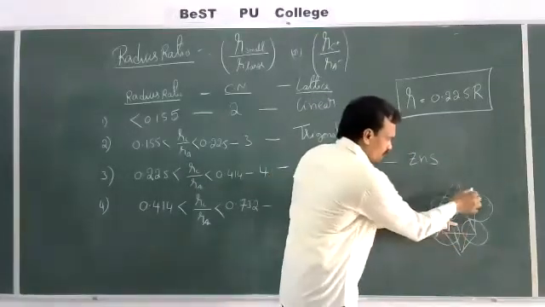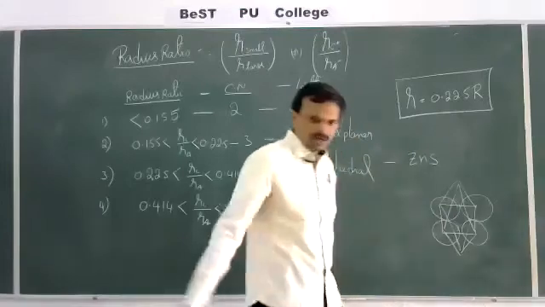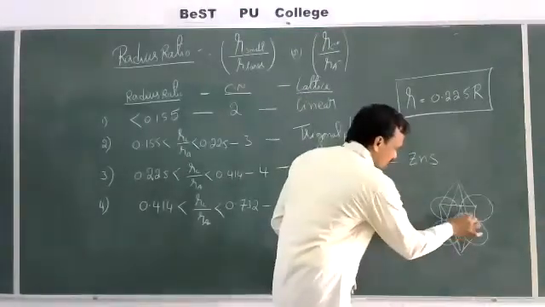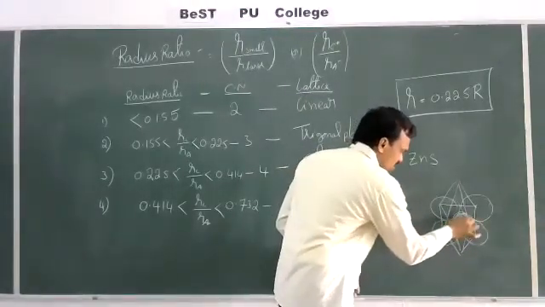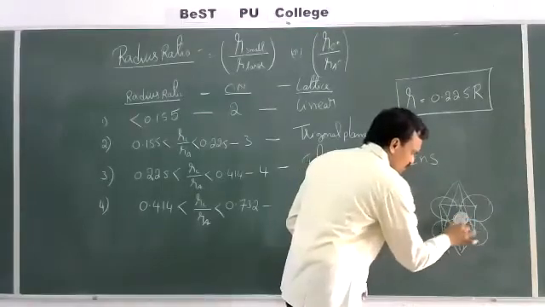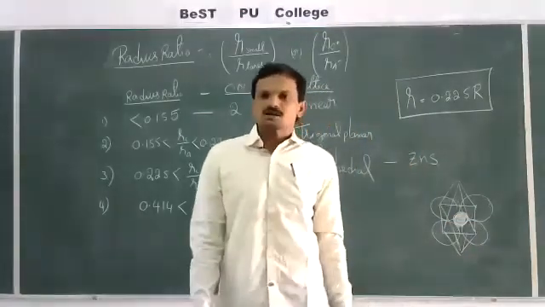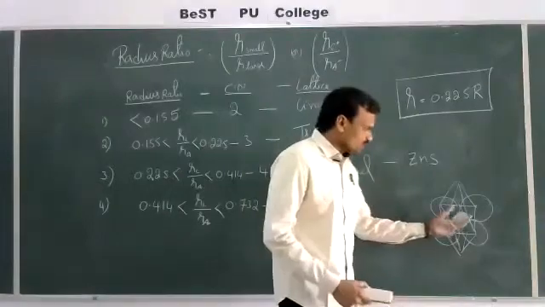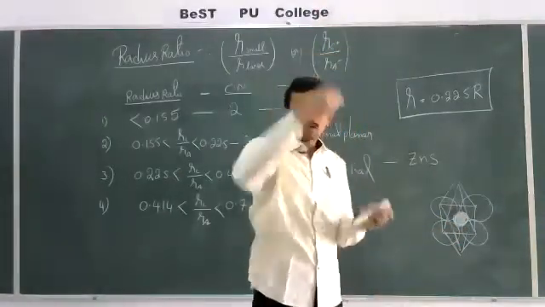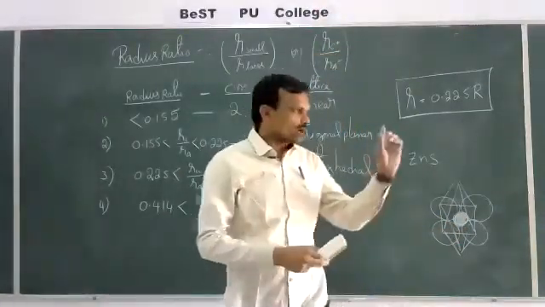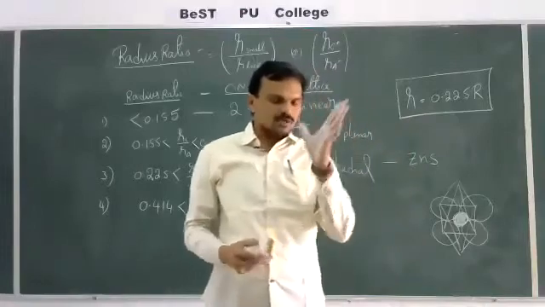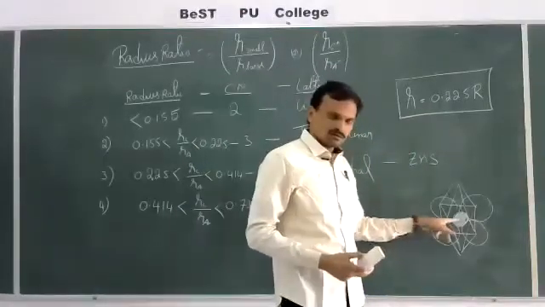Above this, one particle. Below this, one particle. Then what is the void space? This is the void space. That is called the octahedron void. 4 in the plane, 1 point above the plane, 1 point below the plane. Then the void space between these 6 spheres is called the octahedral void.